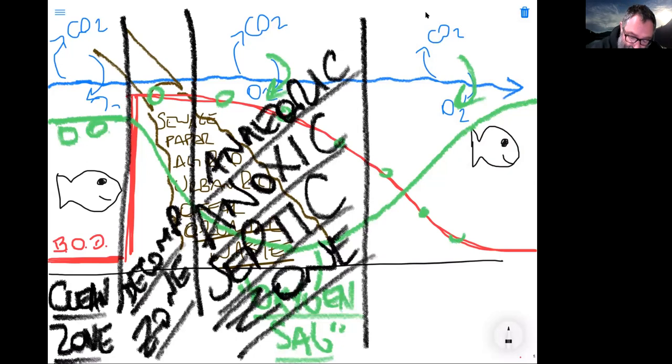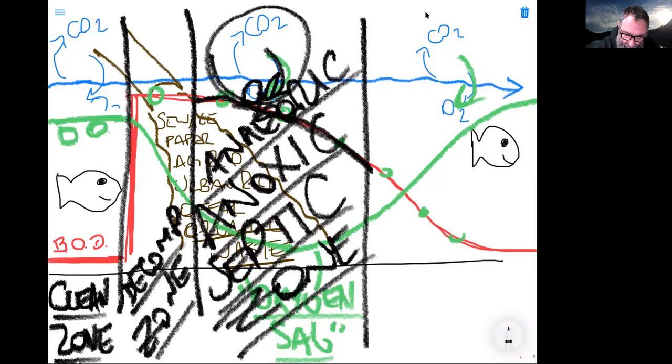Even though you have interaction with the atmosphere that's adding oxygen to the water, there is such high demand for oxygen that your oxygen levels end up being too low to sustain life. Here we're talking something like maybe 2 to 3 parts per million. Like there's not really enough oxygen in that water for most things to live.